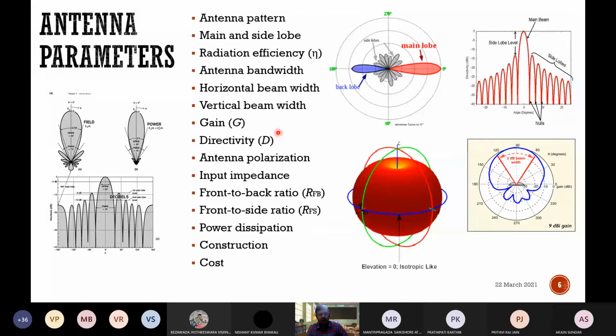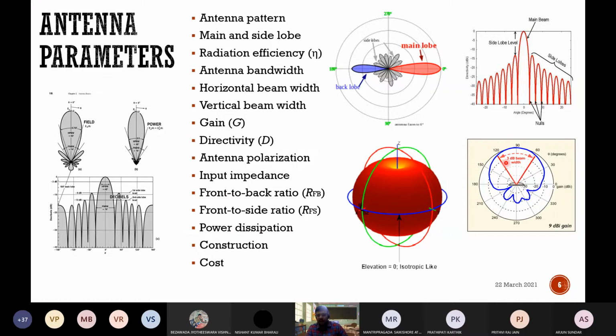If you want a directive antenna, you should have a very small beam width, so that it is not spreading in different directions but is concise and focused. Whenever you want your signal to go in only one particular direction, as generally in deep space communication, we need highly directive antennas.